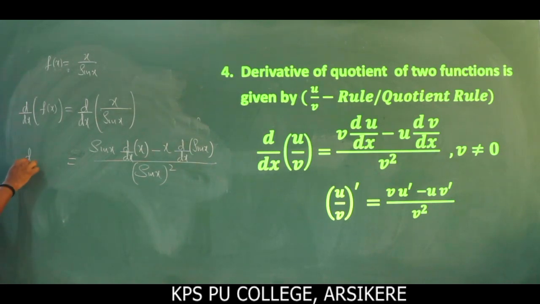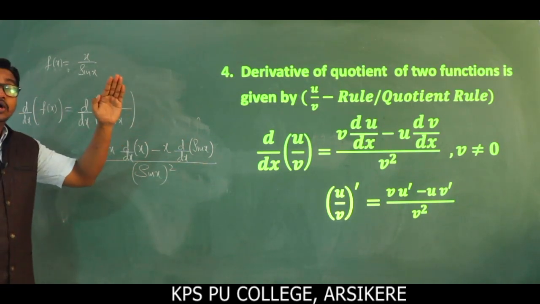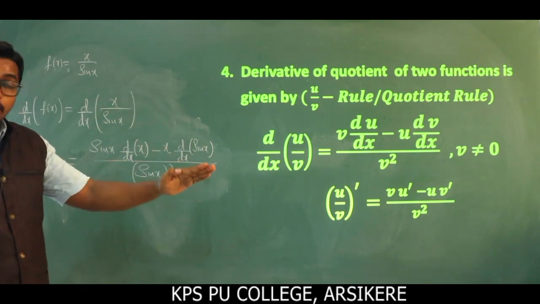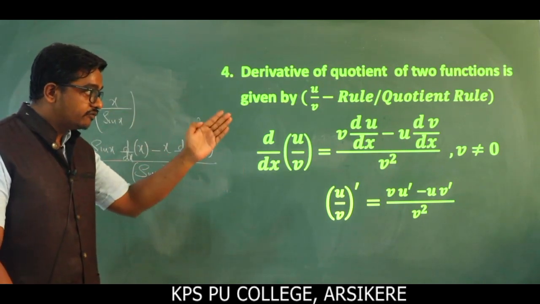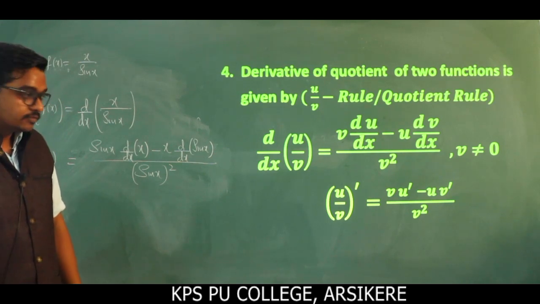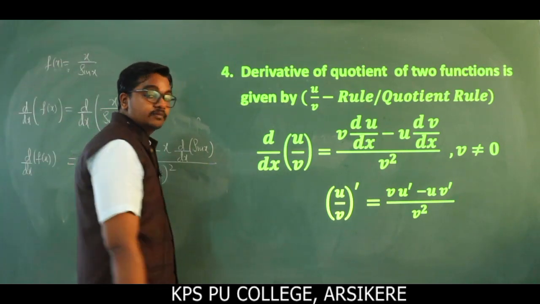This is d by dx of f of x. When they give a rational function, always go with denominator whole square, and in the numerator, denominator into differentiation of numerator minus numerator into differentiation of denominator, or else go with this formula.